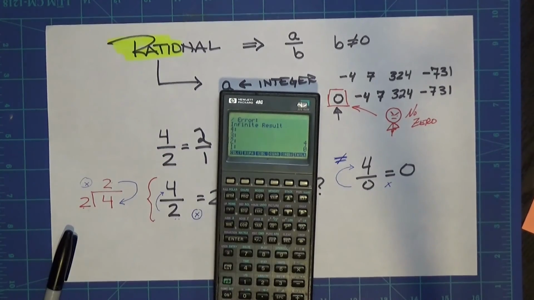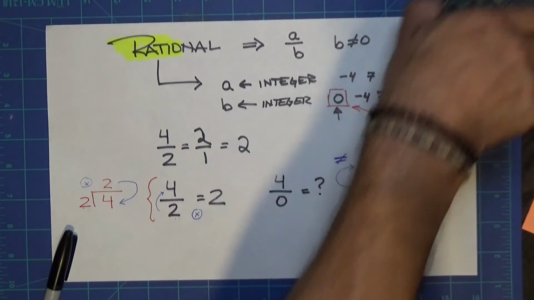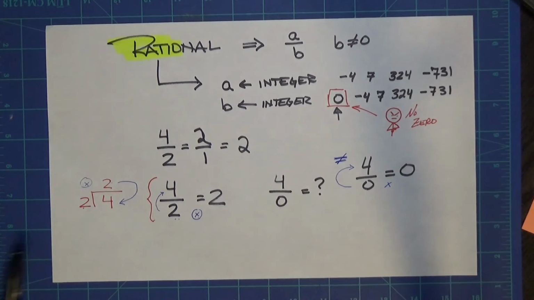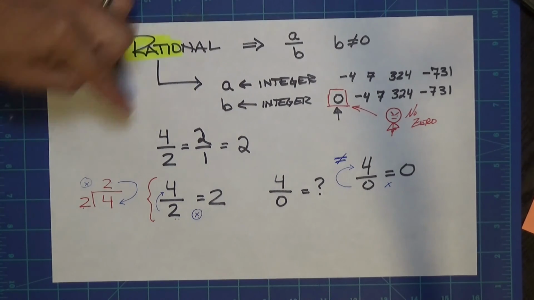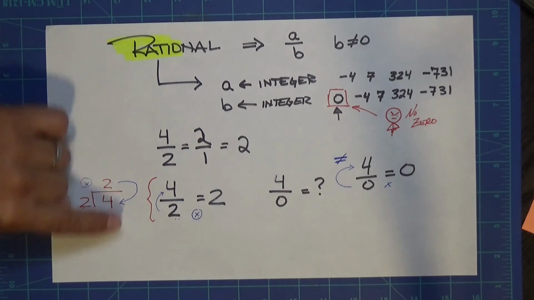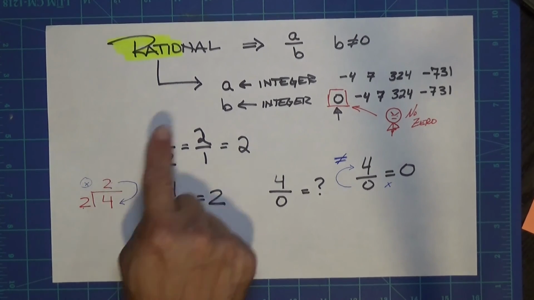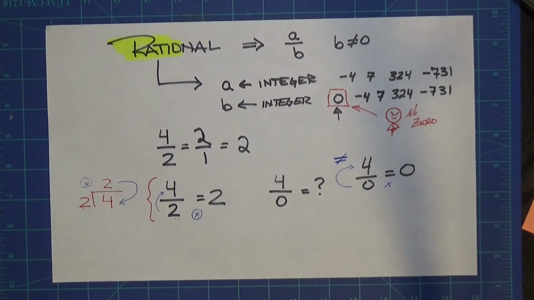Error, infinite result. So this is why the b cannot equal 0 part is part of the rational number definition. So as long as you have two integers written as a ratio or a fraction, and we either simplify, you're going to get a ratio, a rational number.